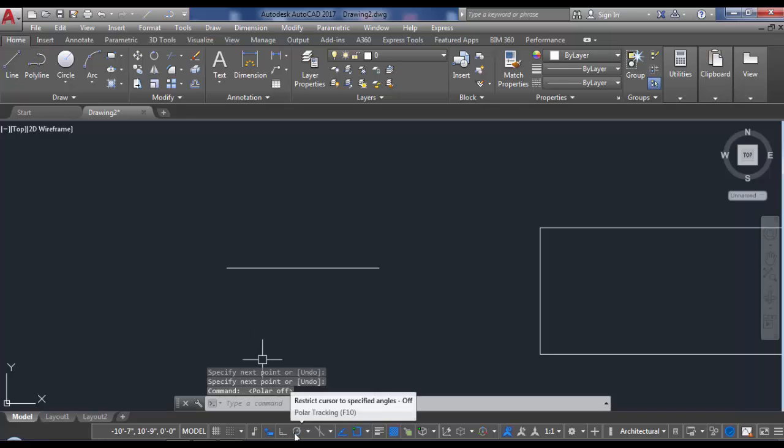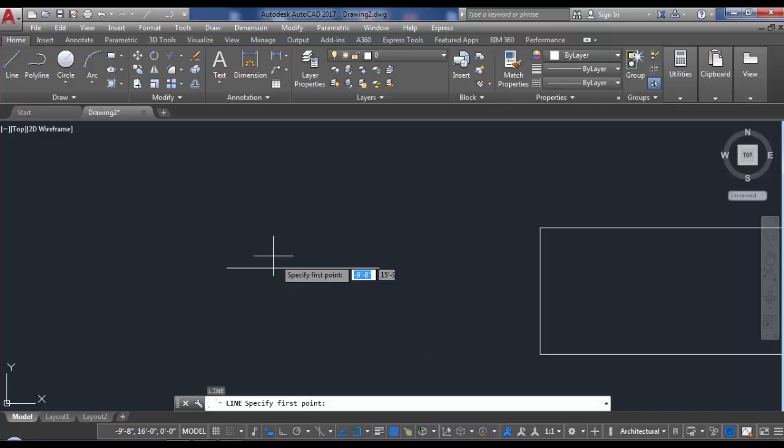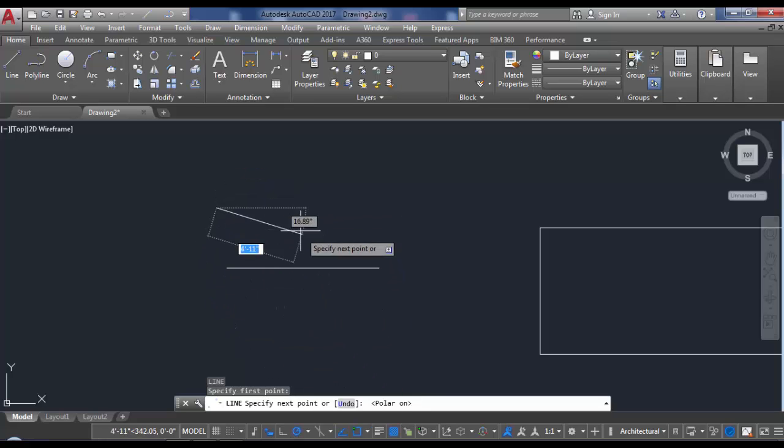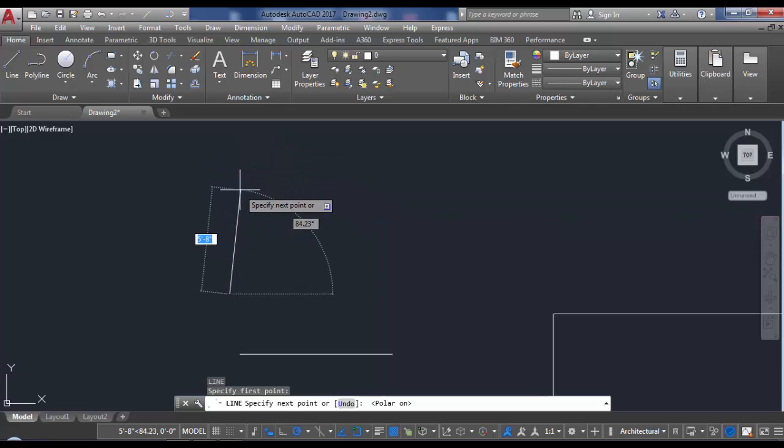If I am not keeping polar tracking on, I cannot draw the line straight, and it will be much more difficult to keep the angle at exactly 0 degrees. With polar tracking on, I get 0 degree easily, 45 degree easily, and 90 degree easily.